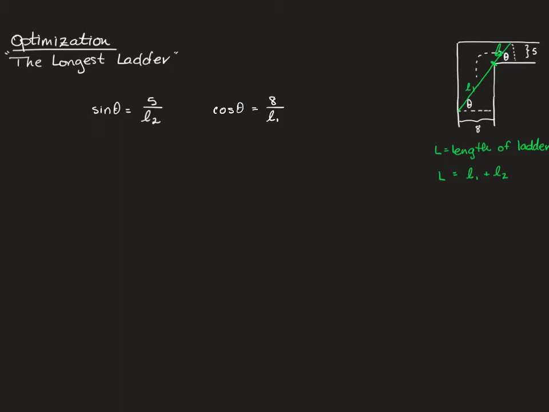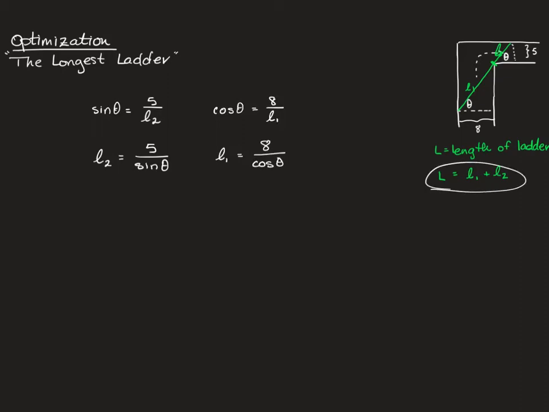Now what I'm going to do is solve each of these two small equations, this one and this one, for L1 and L2 respectively. If I multiply both sides of my sine equation by L2 and divide both sides by sine theta, I get L2 equals 5 over sine theta. If I do the same thing with my cosine equation, I get L1 equals 8 over cosine theta.